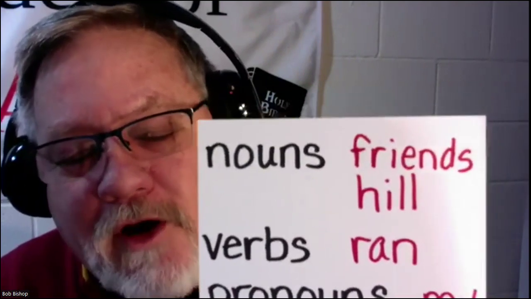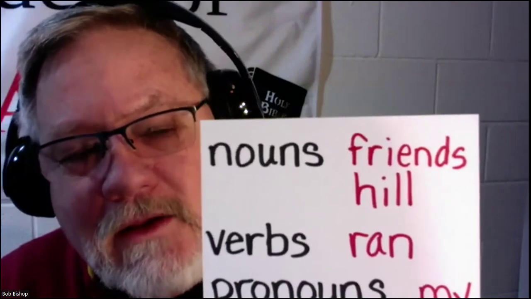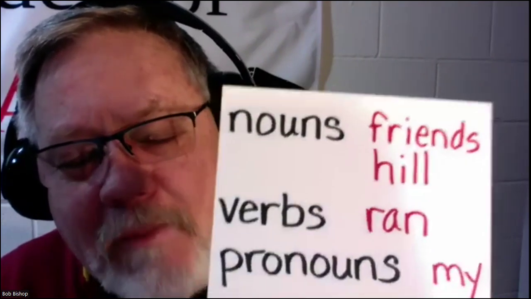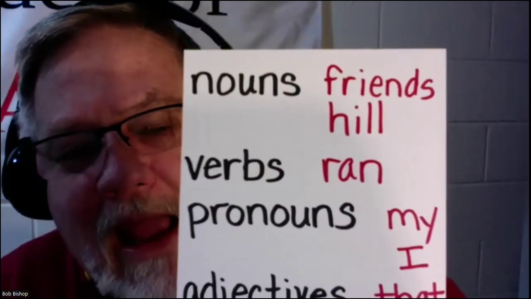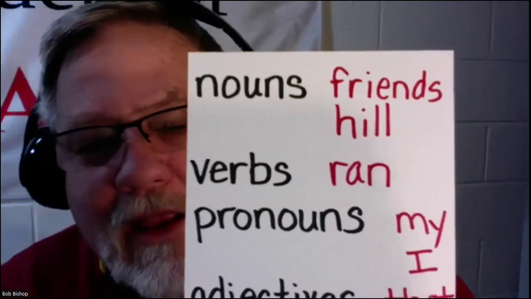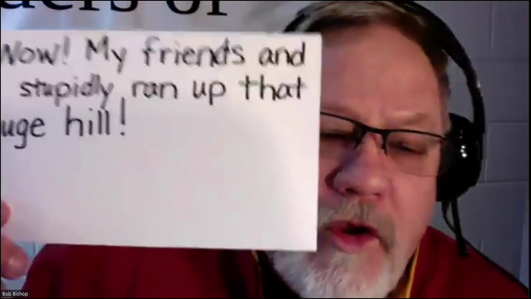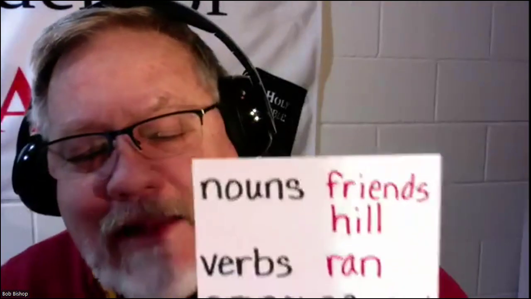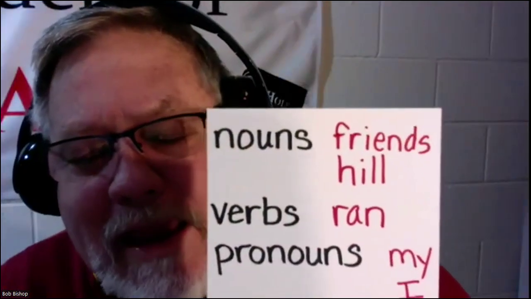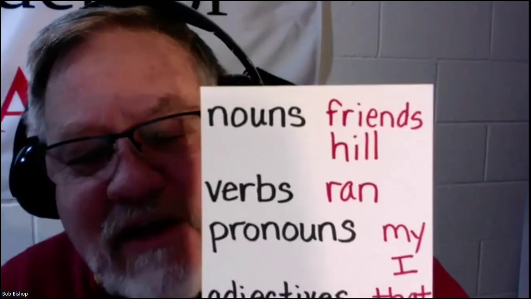There's only one verb, and that verb is ran. And then I put down the pronouns, and the pronouns are my and I. So when you have the sentence, you write the whole sentence down, then underneath it, identify what each word is in that sentence. It's going to help you distinguish and understand the different parts of speech that we've covered.